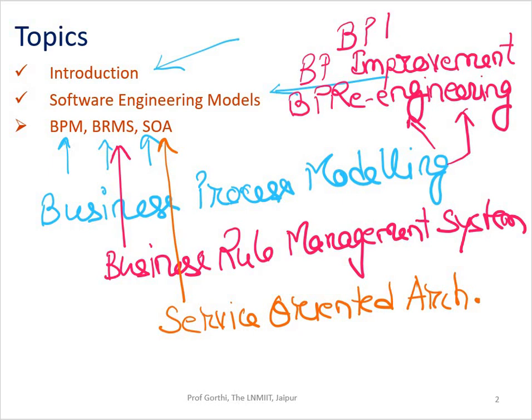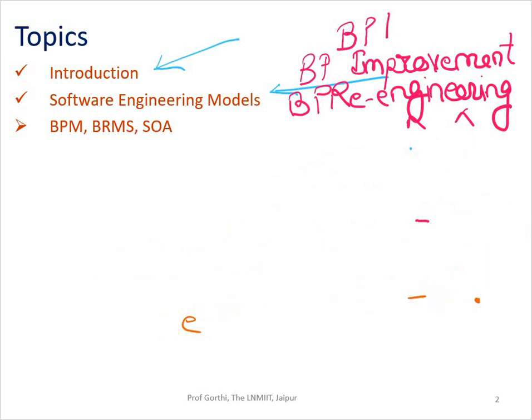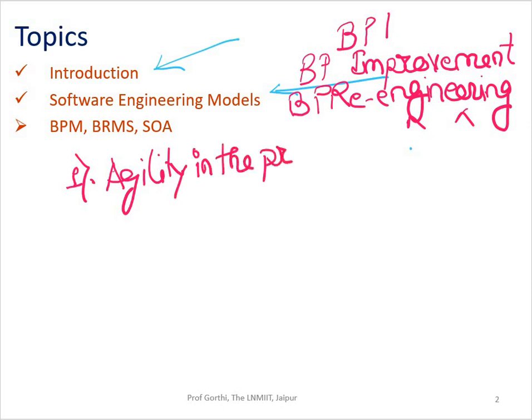So there are several advantages of going ahead with this business process modeling. By all these improvements, I can definitely talk about the process agility, right? Agility in the process. Means we'll eventually be able to develop a culture of innovation and change, because I'll be able to analyze and visualize.